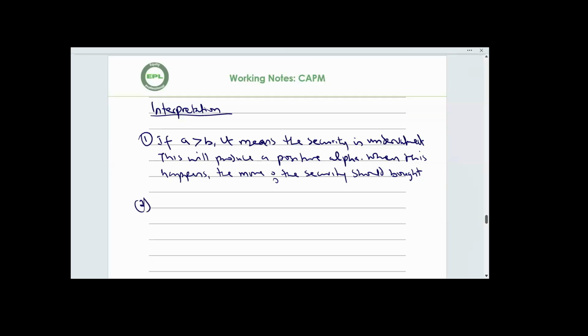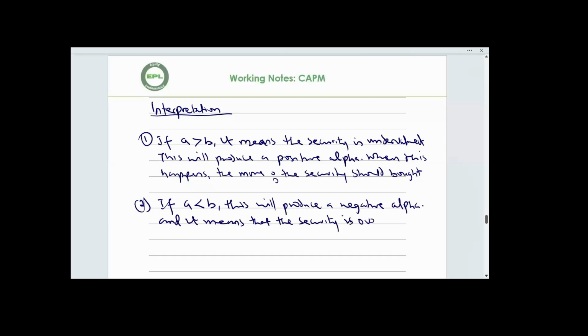Then number two, if A is less than B, this will produce a negative alpha, and it means that the security is overvalued or overpriced.